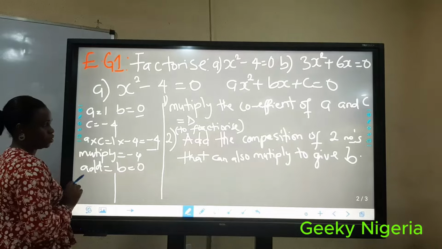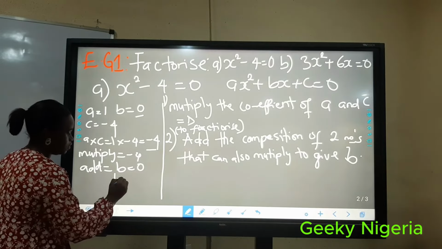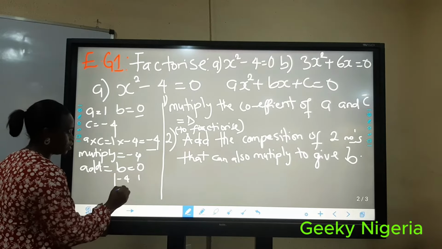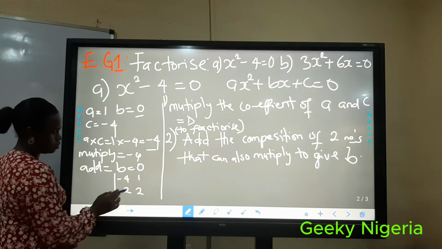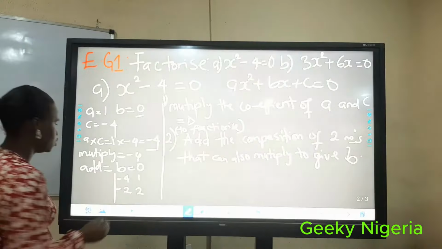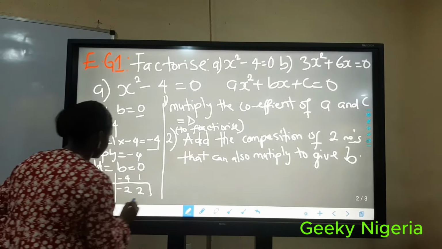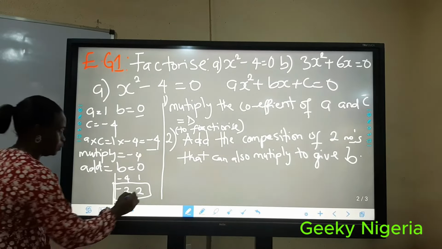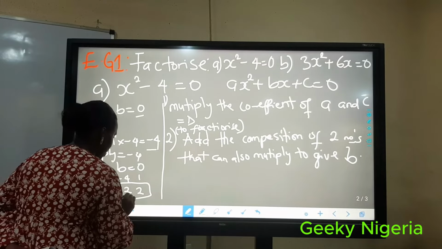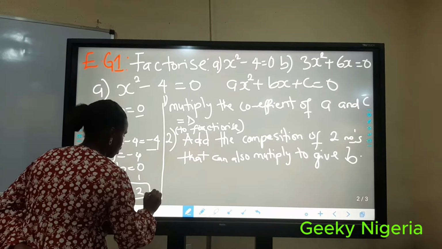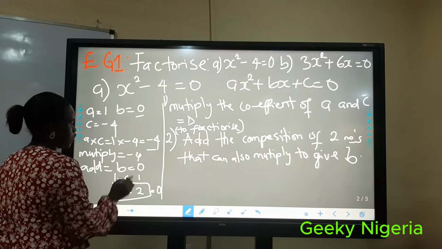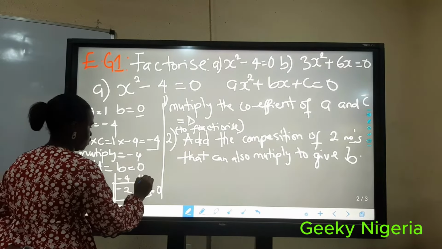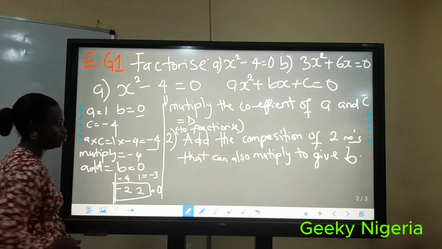Now the multiplying factors of 4 are 4 and 1, and 2 and 2. So if you look at this, 2 and 2 can give us 4. So these are our factors. Then if we add minus 2 and plus 2, it's going to give us 0. If you multiply minus 2 and plus 2, it's going to give us minus 4.